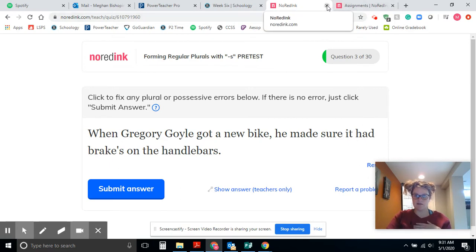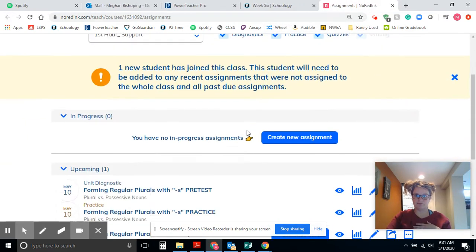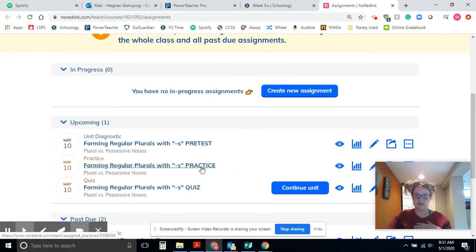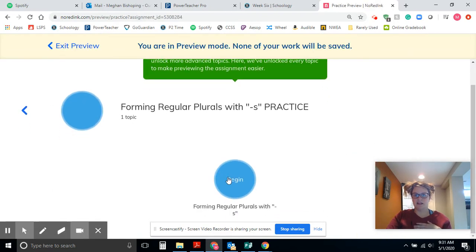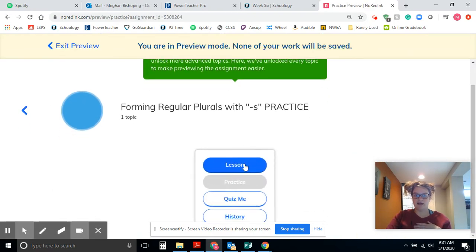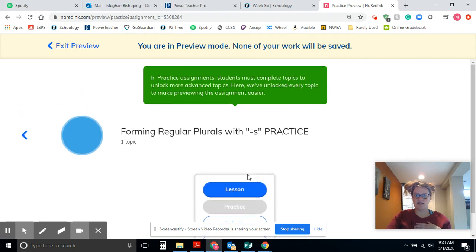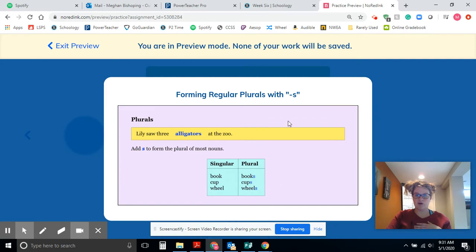The next part is we're going to be looking at the practice. And you just hit begin, and then you can hit lesson, and you kind of go over, look at the lesson. Lily saw 3 alligators at the zoo.